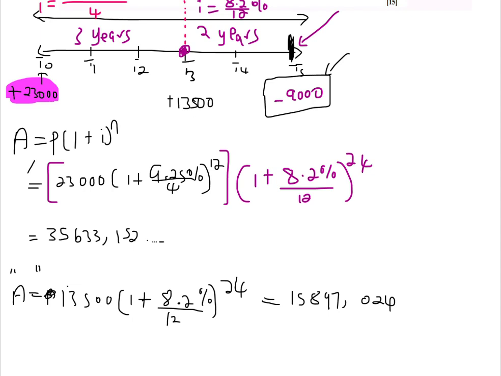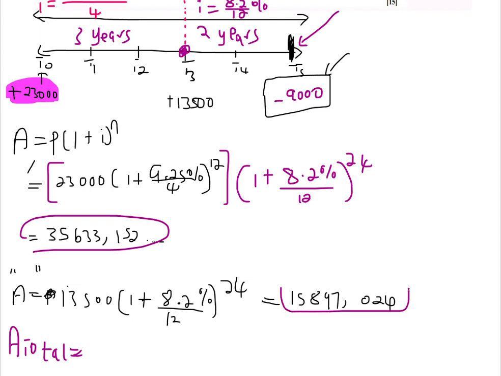So now the final money which I will have, which I can call A total, will be equal to this amount over here. I add this one and then I subtract 9,000. I'm just going to do that on the calculator and write the final answer so you can add them with me.